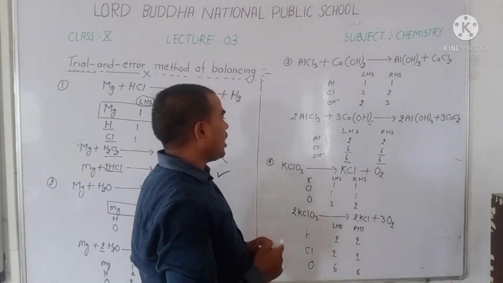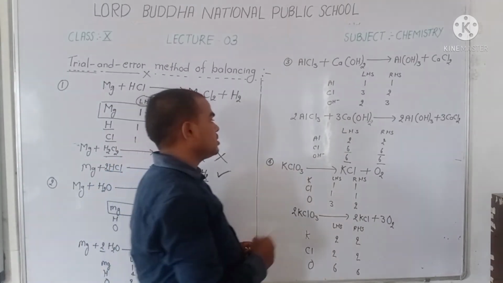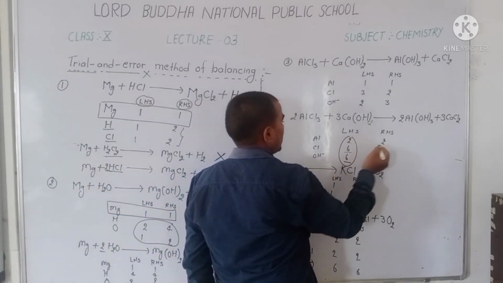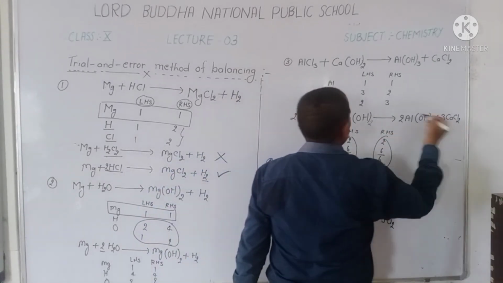Here the number of aluminium, chlorine and hydroxide ion on the left-hand side and right-hand side are equal. That means this equation is a balanced equation.